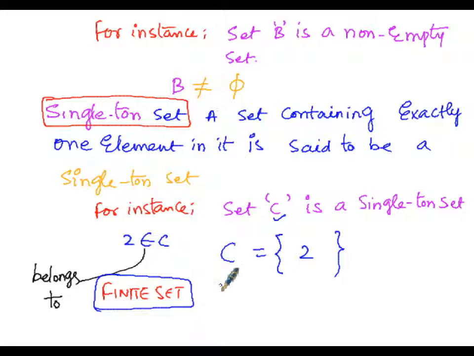In other words, it can also be written as a non-empty set consisting of at least one element, at least a finite number of elements. So a non-empty set consisting of a finite number of elements is called a finite set.